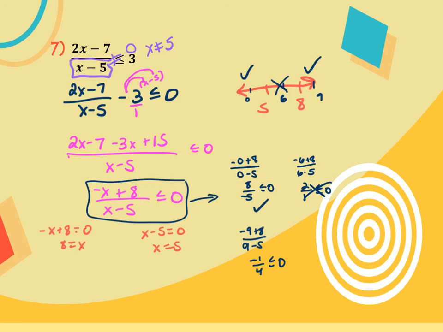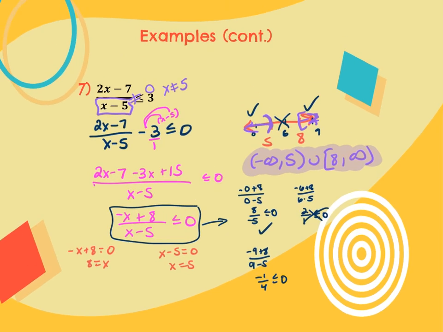So that 5 is going to have a parentheses on it, and the 8 a bracket. So I'd get negative infinity to 5, parentheses, union, bracket on the 8 to positive infinity, and there's my final interval notation. All right, that wraps up the lesson for today. Have a great day.